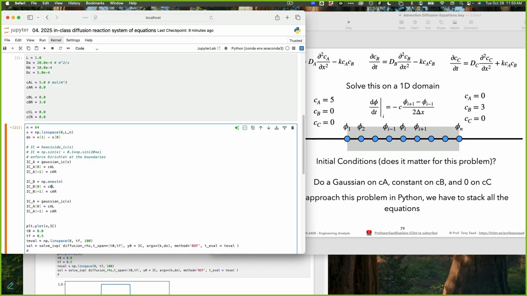And then ICB at 0 is CBL, the value of CB at the left boundary, and ICB at the right boundary is CB at the right boundary. And finally, the initial condition for C, let's call it capital C, is np.zeros of size n, and then CCL and CCR.